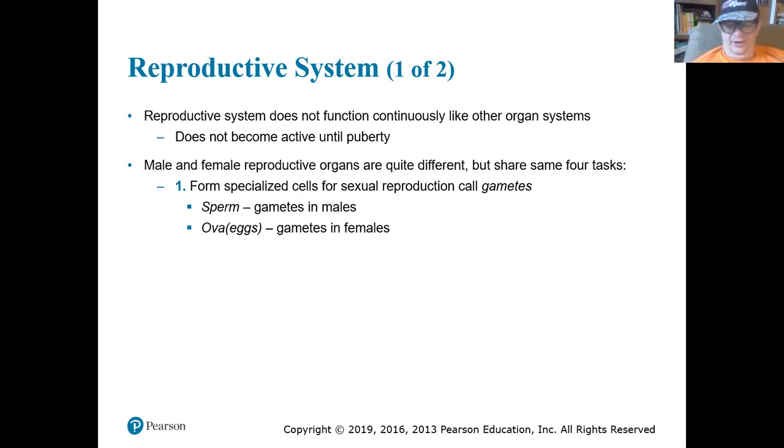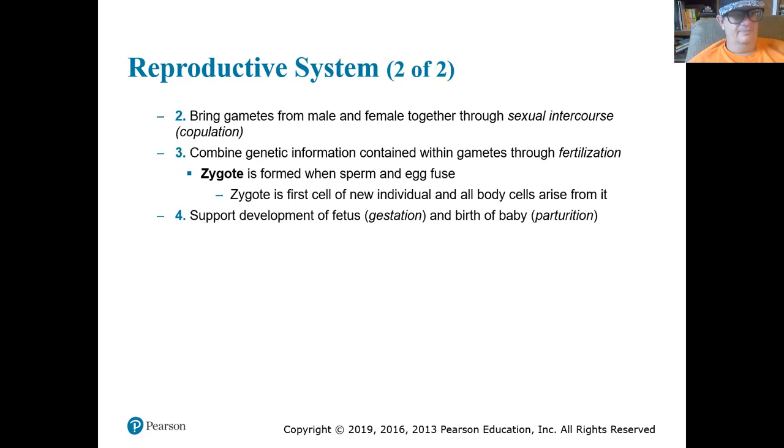That gives you 46, the normal number. So understand that it's not just making cells that are involved in reproduction. It's doing a specialized form of cell division to end up with these special haploid cells that we call gametes that have half the normal amount of DNA.